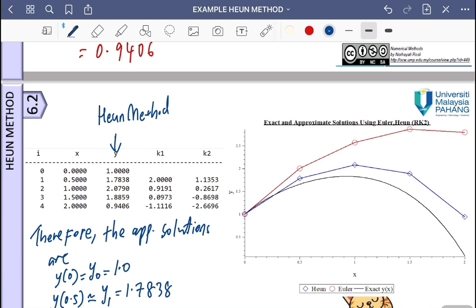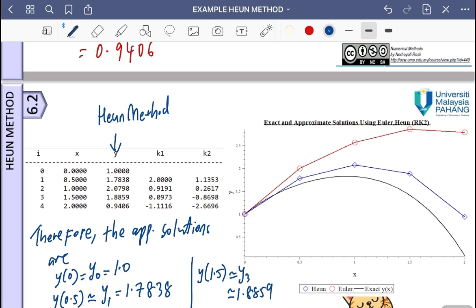And then y when x is 1.0 is approximated by y2, which is 2.0790. And y when x is 1.5 is approximated by y3, which is 1.8859.